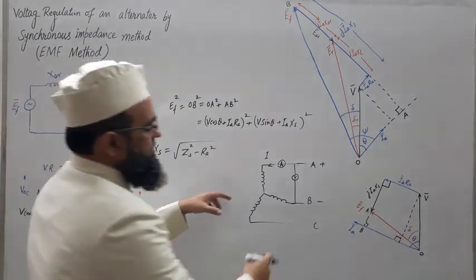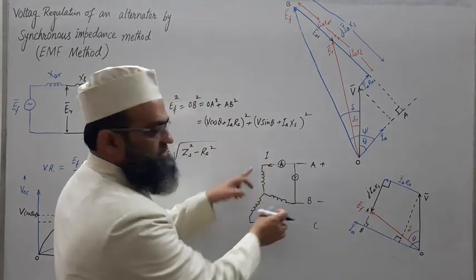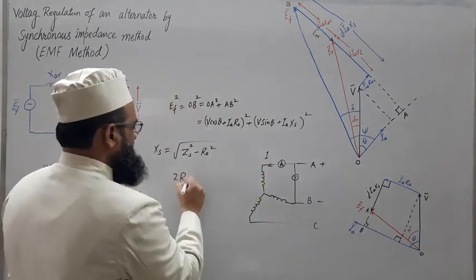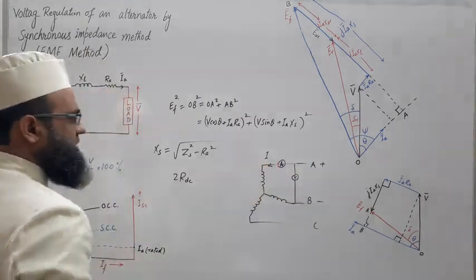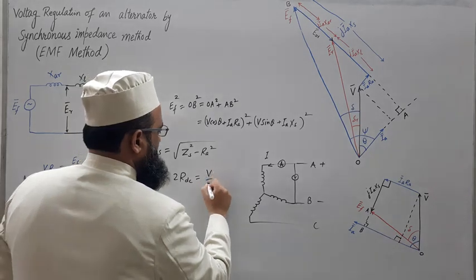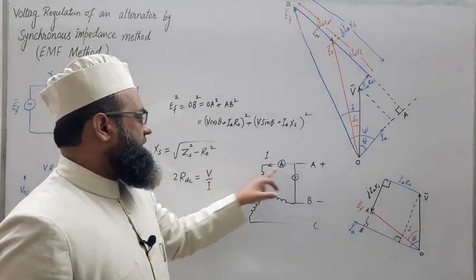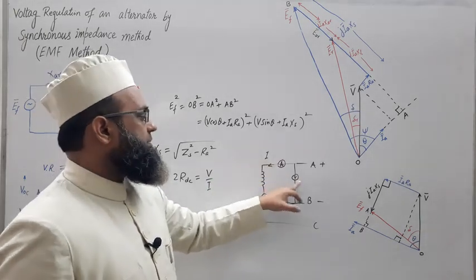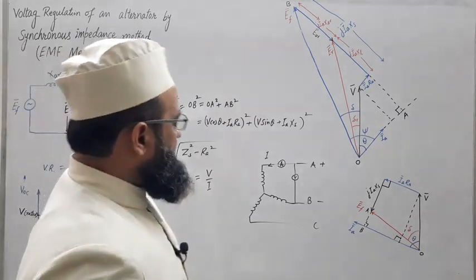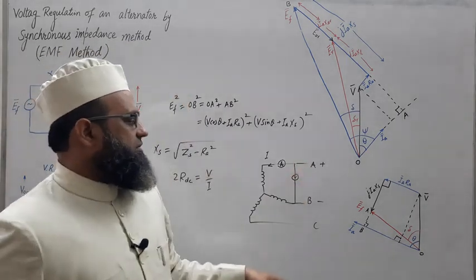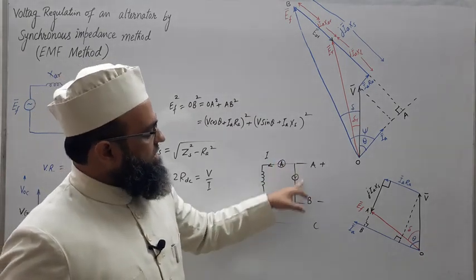So this will give you the total value of resistance in this circuit, and that will be equal to twice the per phase resistance. So 2R DC, let us mark it DC because we have given DC supply and we are performing a DC test, will be equal to V upon I. Whatever the reading of the voltmeter is, that is V, and the ammeter reading is I. For accuracy, repeat the same readings for the other two terminals one by one.